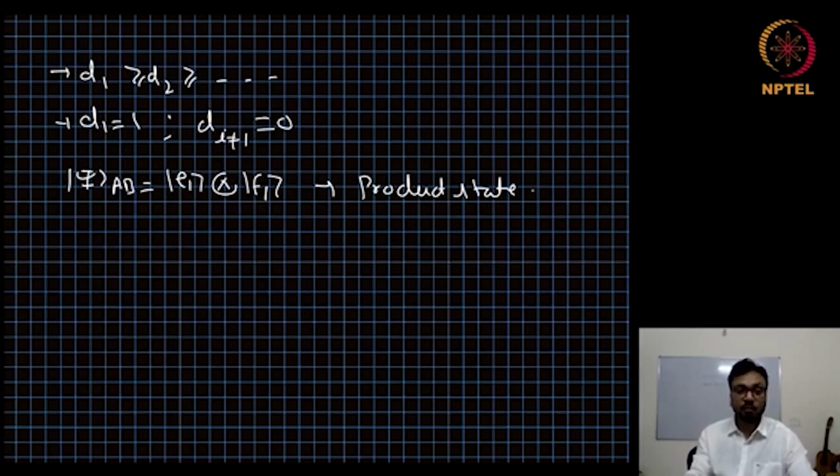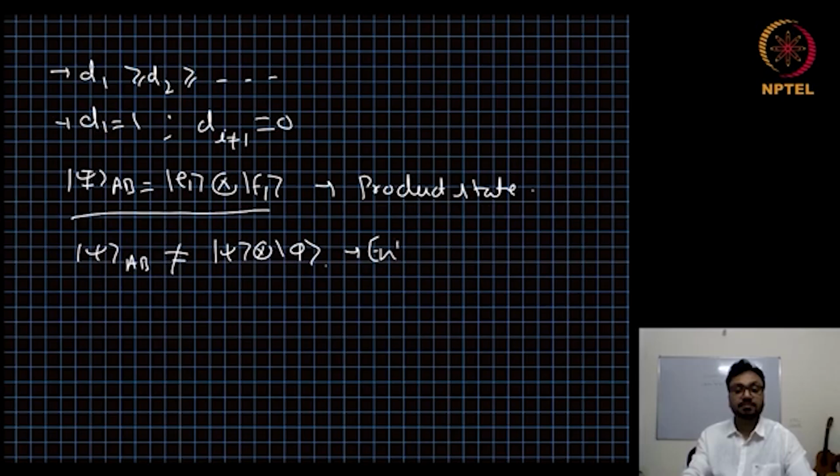But if more than one Schmidt coefficient is non-zero, then we cannot write the state psi as a product of two states of the subsystems. So it must be entangled.